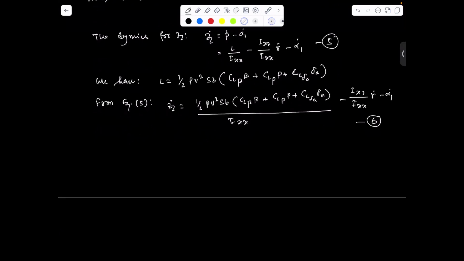Now here we have to choose this delta A in such a way that G2 dot is stable.